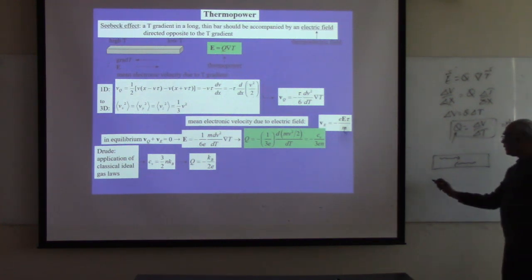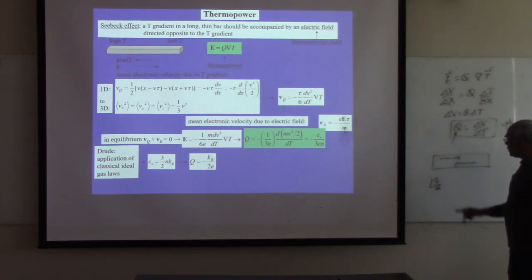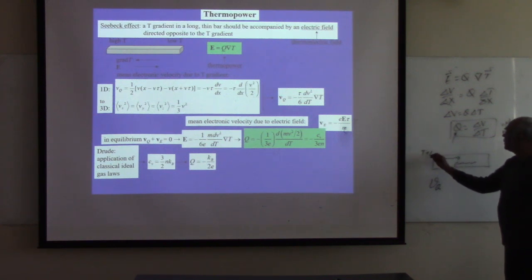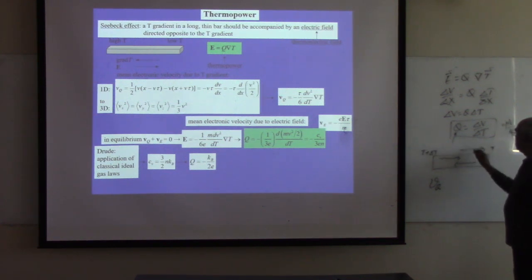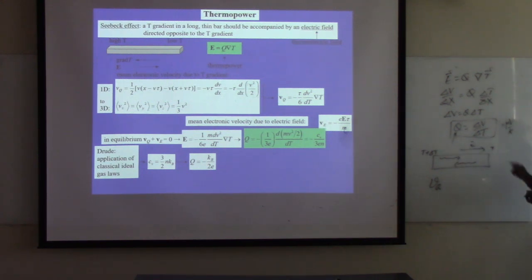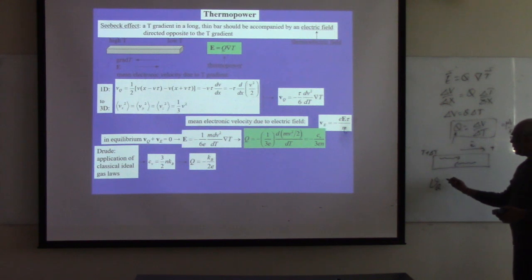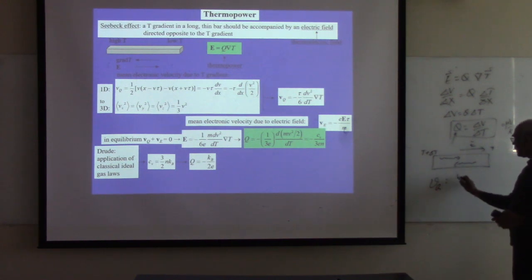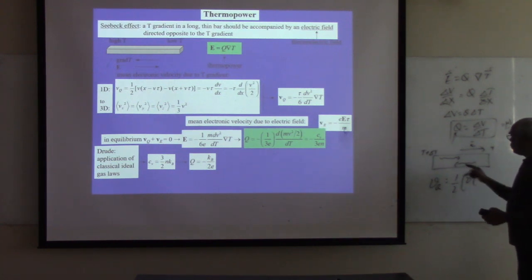I can write this VQ value, that means the velocity of these electrons due to this field here. Under this field, positive charges will move this way, and negative charges will move this way, right? So VQ is basically the average of moving left and moving right. So I can write that as half of VQ, moving to the right.